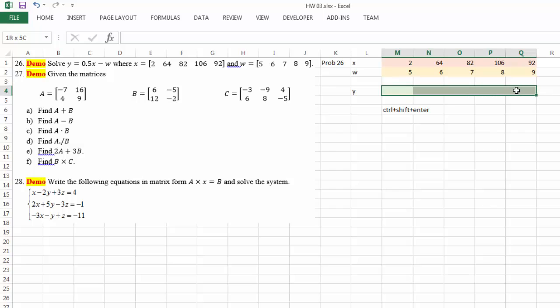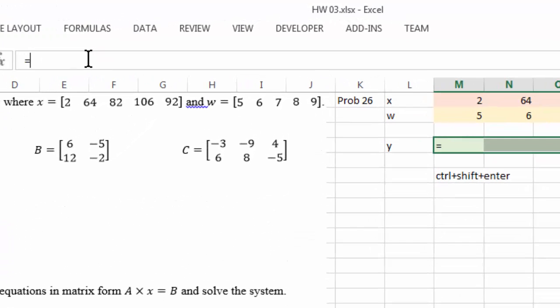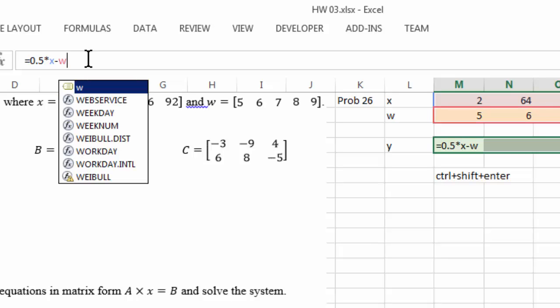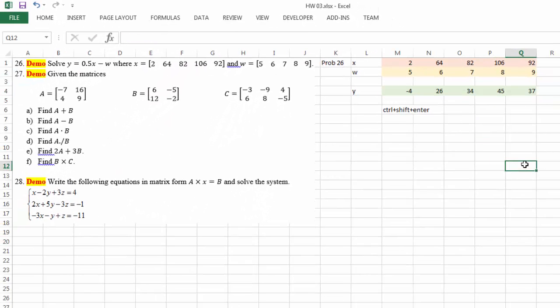Again, I can highlight this entire thing and name it Y. And now Y equals, still need to highlight everything, 0.5 multiplied by X minus W. And then I have to do Control Shift and Enter. It will give me the same answer as well. So that's problem 26. Continue on to problem 27.